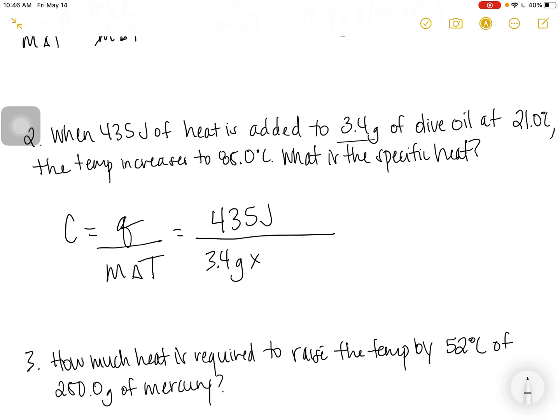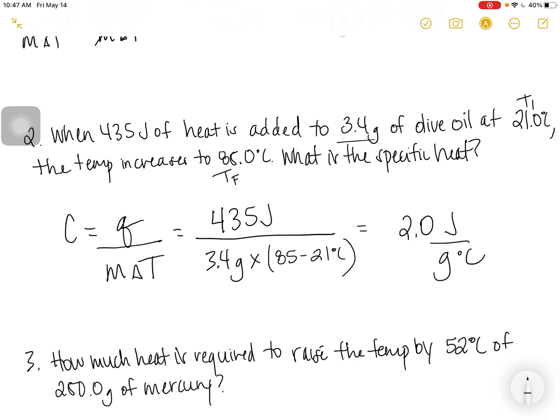And again, I have T initial of 21, T final of 85. This time I'm limited to 2 sig figs, so this answer to only 2 is actually 2.0. Again, joules per gram degree Celsius.